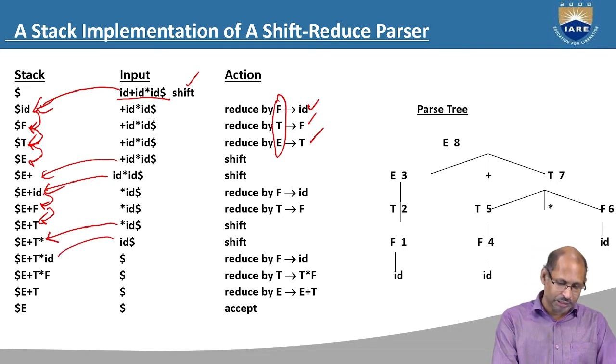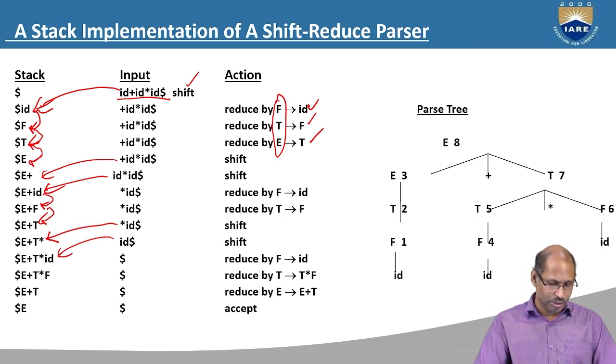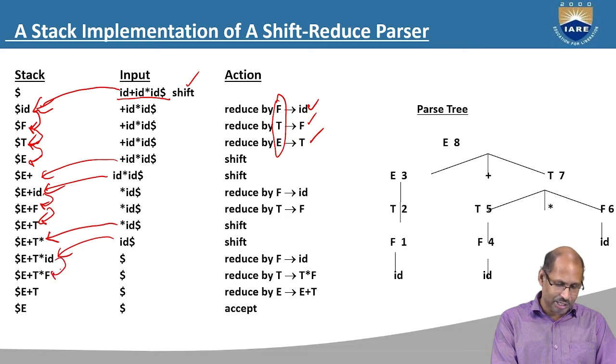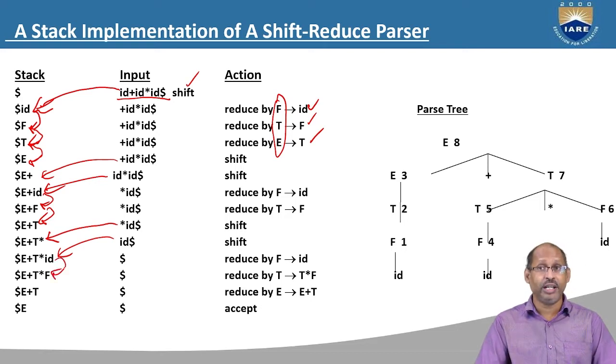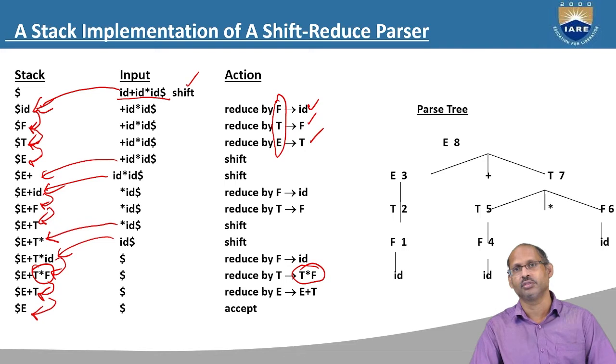Then perform this ID. Then ID as F. Then find this terminal T into F as simply T. E plus T into F as T. Then E plus T as E.